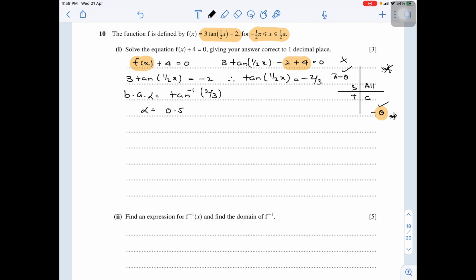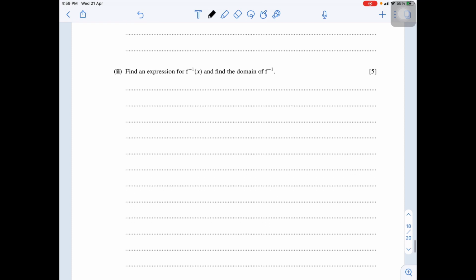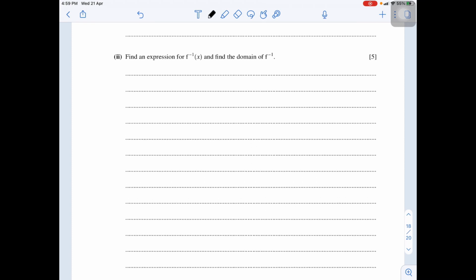So alpha is 0.588 radians. So half x is negative 0.588, because it is negative theta. So x is negative 0.588 times 2, negative 1.18 radians.